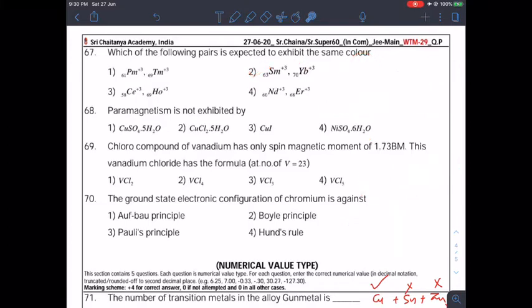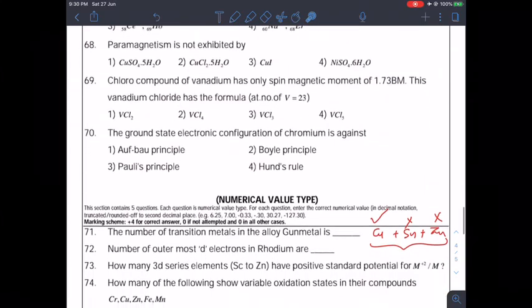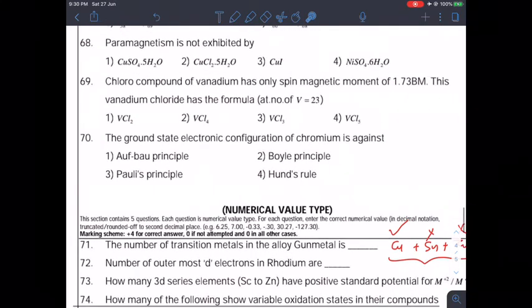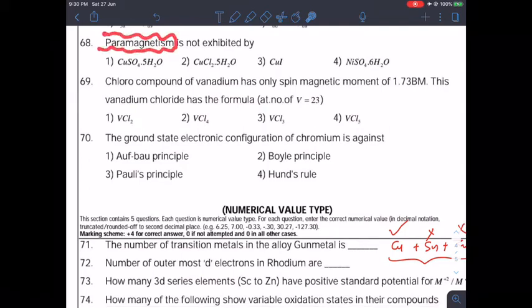Now moving to question number 68. Paramagnetism is not exhibited by. So what is paramagnetism? It means something which is attracted towards a magnetic field. It is determined by the presence of unpaired electrons or not. Now let's talk about this one.